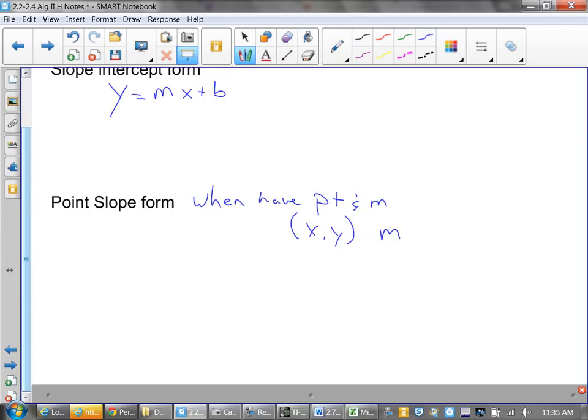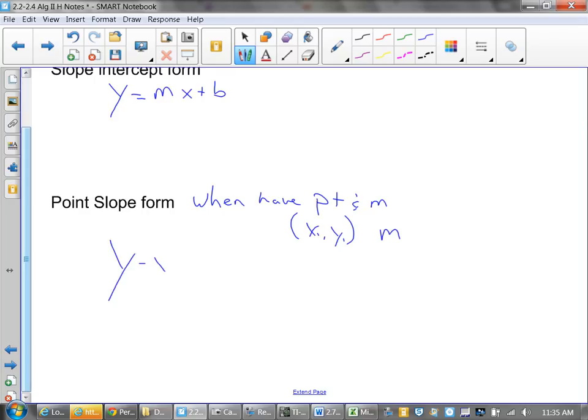Do you remember what the generic form of point slope form looked like? What happens here is that in your generic form of point slope form, this is the only set of ordered pairs you get. You have one set of ordered pairs, x, y. You use that in conjunction with y minus y sub 1 is your slope times x minus x sub 1. That's what point slope form looks like.